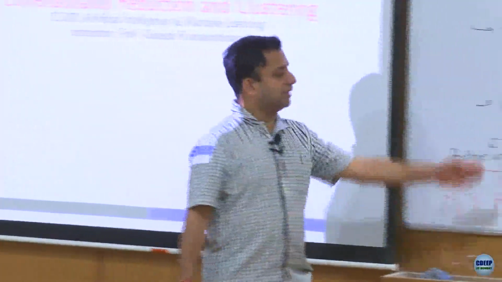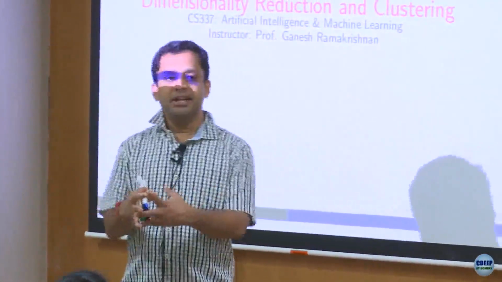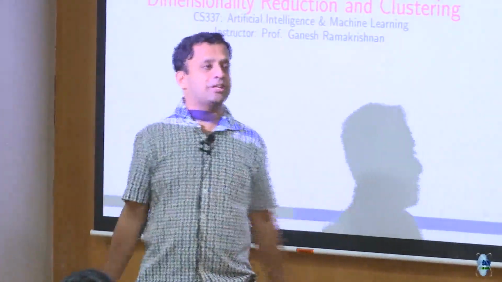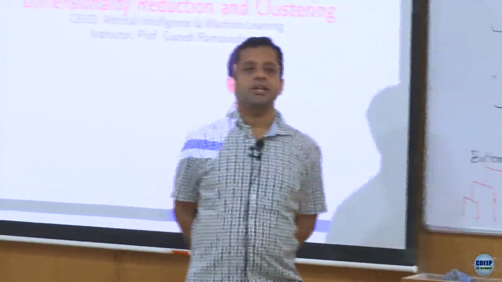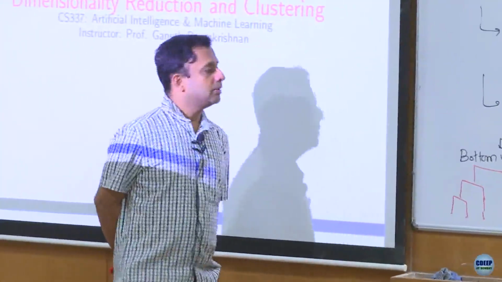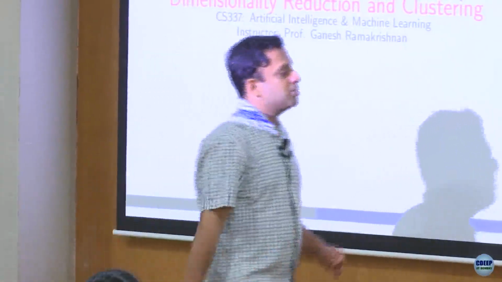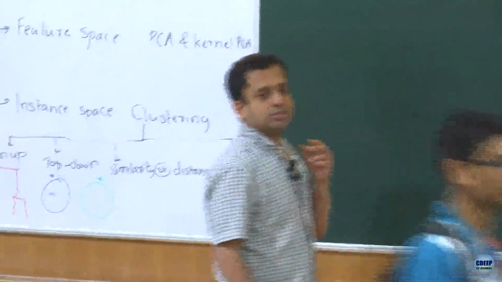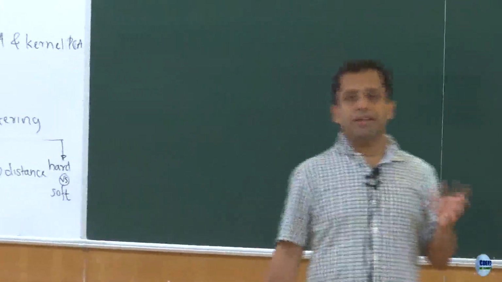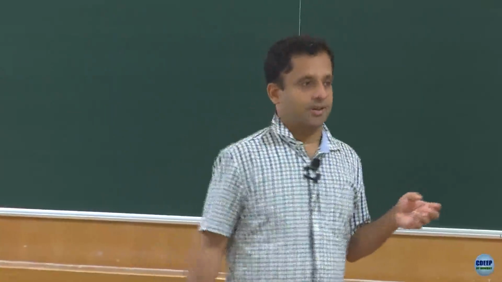We also discussed some other considerations in clustering, whether we should look at similarity between instances or distance between instances, and then eventually whether we want to do hard or soft clustering, which means whether we want membership of points to clusters to be binary or have a degree associated.